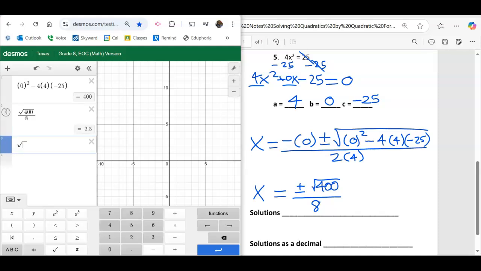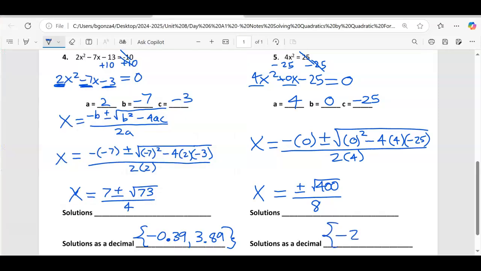And then square root of 400 divided by 8. This time it's going to be negative. Again, you see this plus minus sign. One is positive, one is negative. And it gives you two answers, negative 2.5 and positive 2.5. That's it.